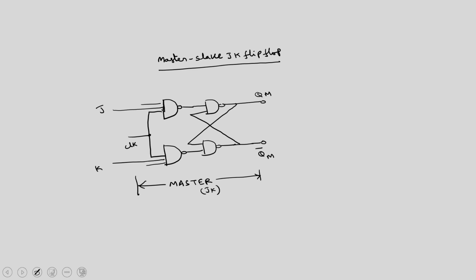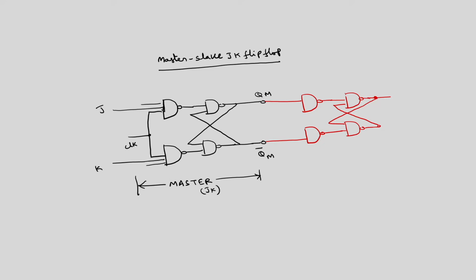Then I will draw the slave flip flop. These are the final outputs Q and Q bar.